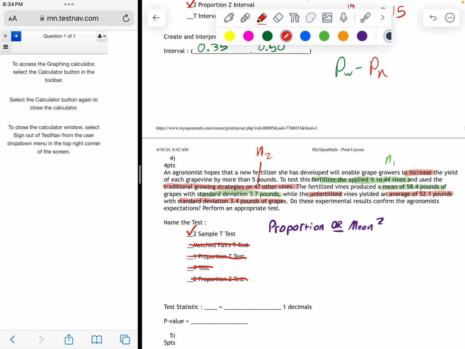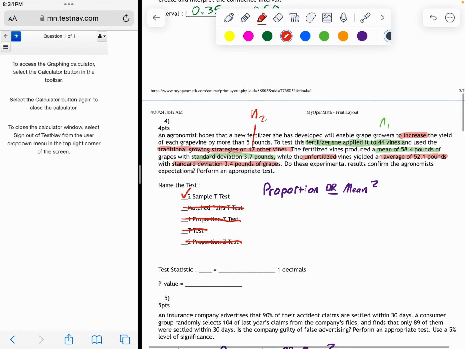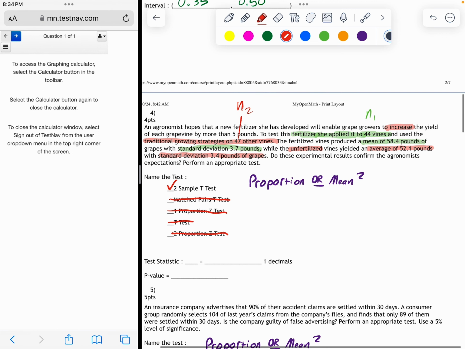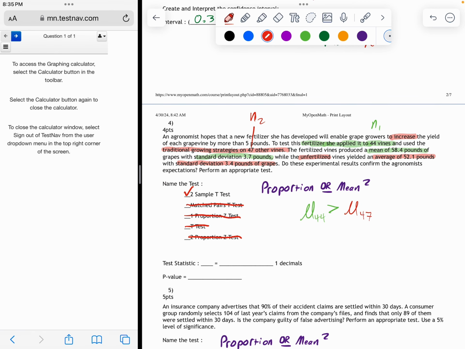And the green is the first sample, okay? So if mu1 is the fertilized, the average of that group, the average of those 44 should be greater than the average of the 47 that did not receive fertilizer.